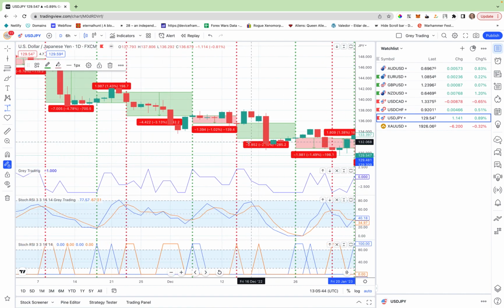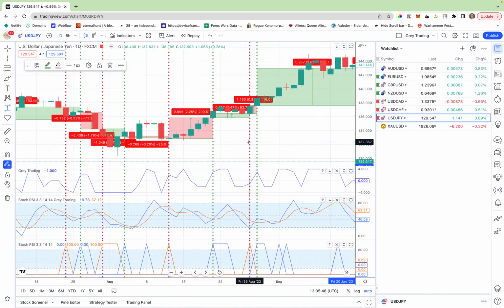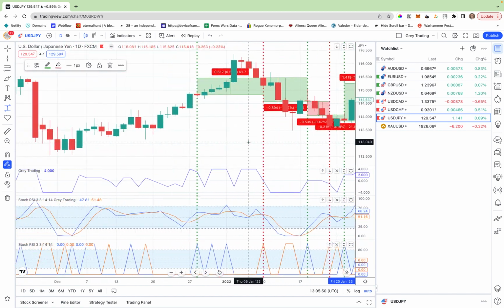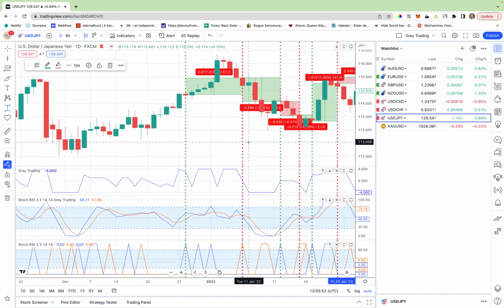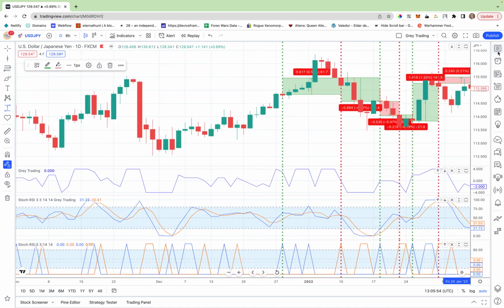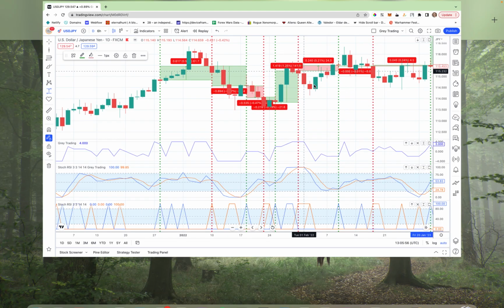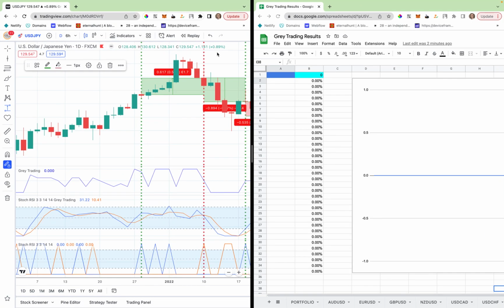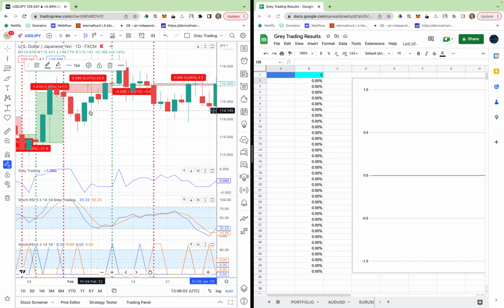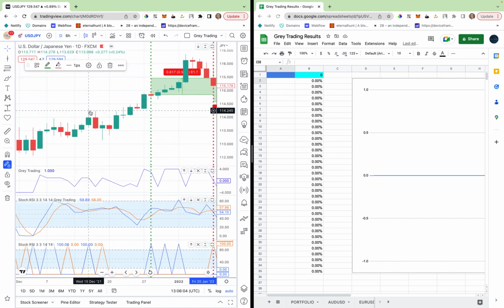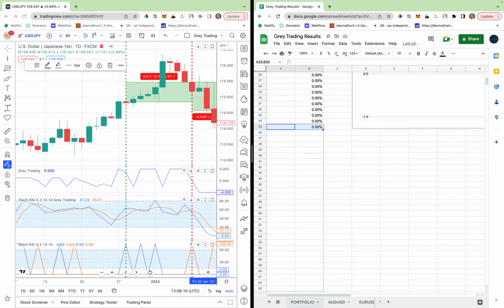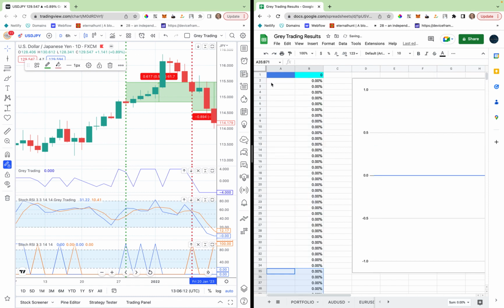Okay, so the next stage is to add these up and see what we got. So I'm going to add these up here. It's going to make it a bit longer because I think there are about 50 trades.